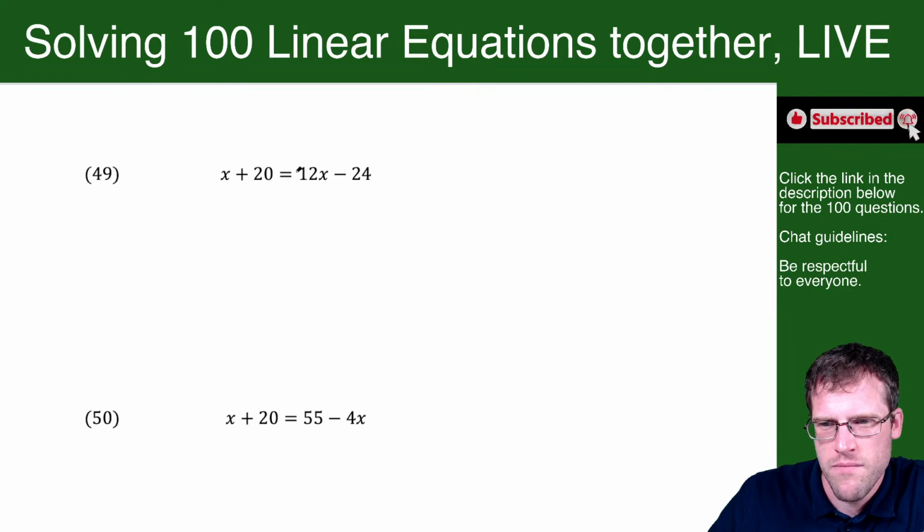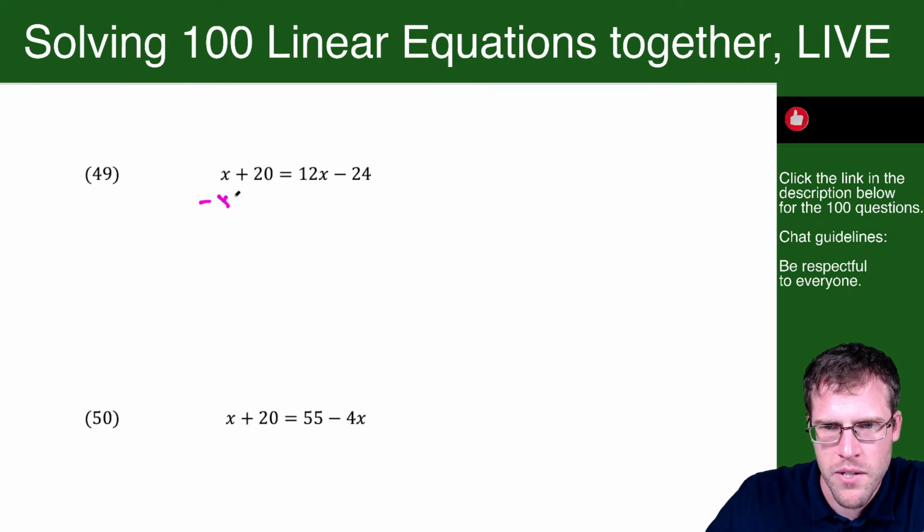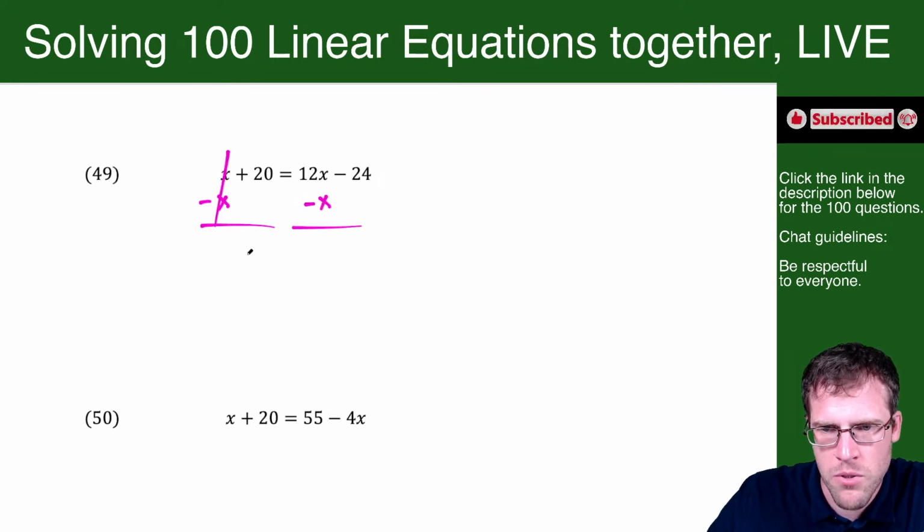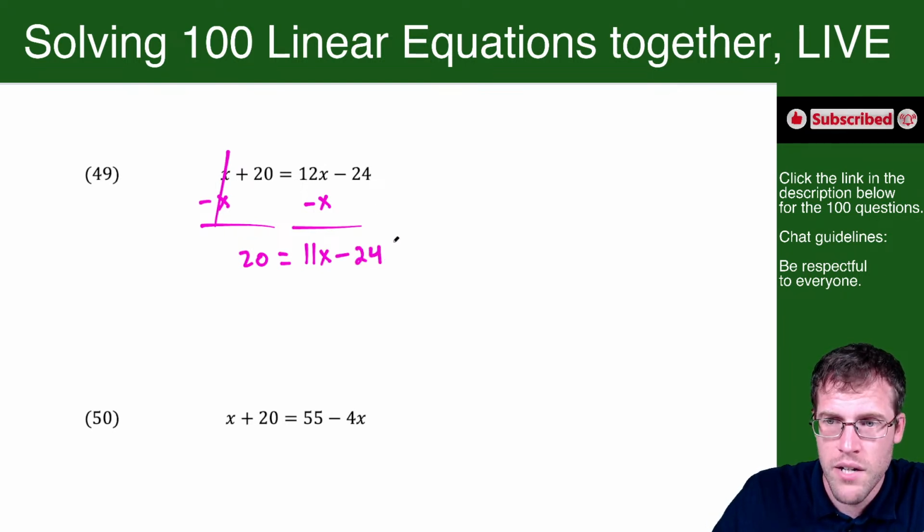So let's see. Yeah, you know what? Let me move it to the right this time, just so we could practice being flexible. So minus x on both sides. 20 equals 12x minus invisible 1 is 11. So we have 11x minus 24. So simplify is nice.